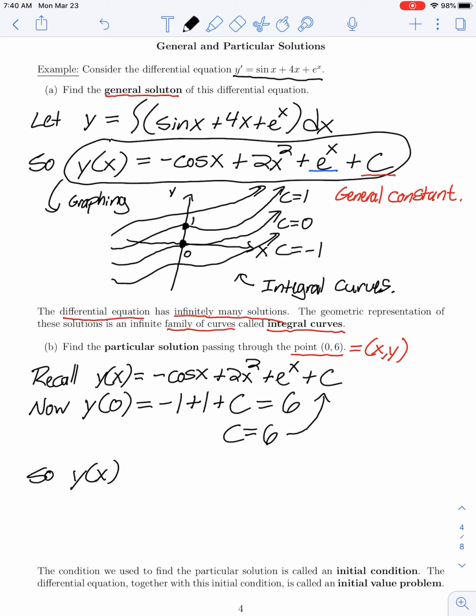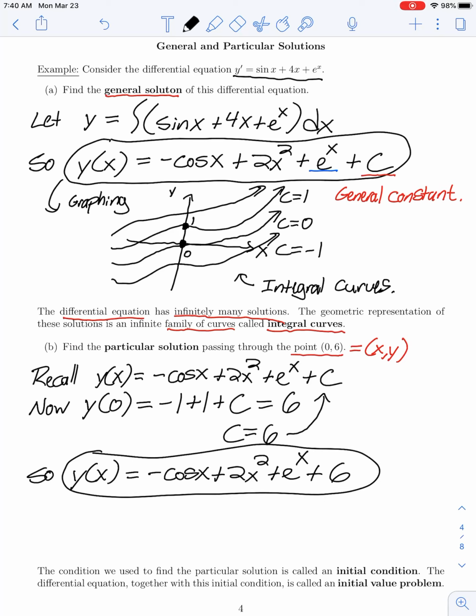And we find that y of x is the negative cosine of x plus 2x squared plus e to the x plus our constant c, which in order to pass through the point 0, 6, had to be 6. So this would be the particular function which passes through that point 0, 6.